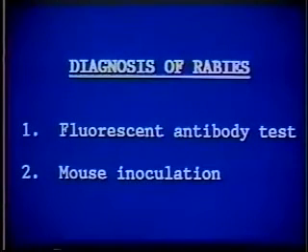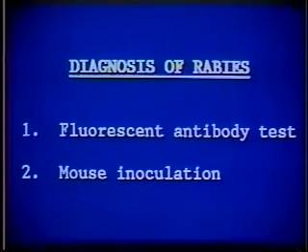Well, the diagnosis of rabies: we have no antemortem tests in domestic animals which are useful, so we must depend upon postmortem examination of brain specimens. This is primarily by the fluorescent antibody test, while mouse inoculation can also be used. Not many laboratories now perform mouse inoculation.